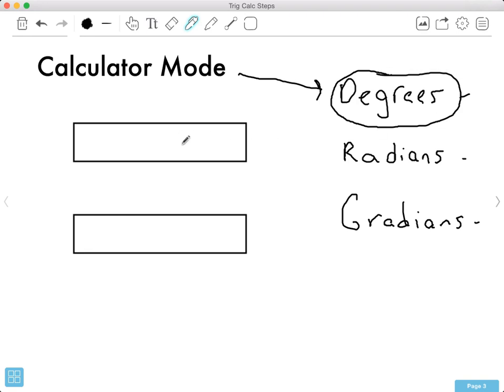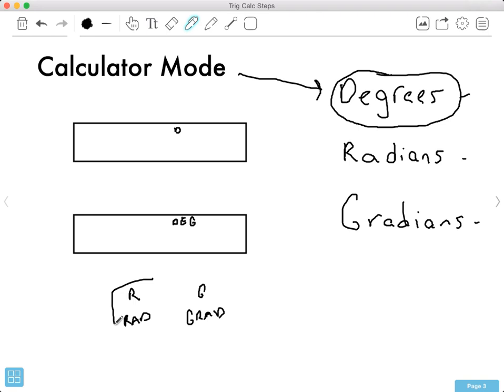This video is going to focus on using angles in degrees. So if you want to follow along with the video and type in your calculator, you have to make sure it's in degree mode. To figure that out, turn your calculator on and look at the screen, and somewhere on the screen, and it's different from calculator to calculator, you will see either a small d or a small deg if you're in degree mode. You may also see a small r, or the little word rad for radians, or a small g and the word grad, for gradients.